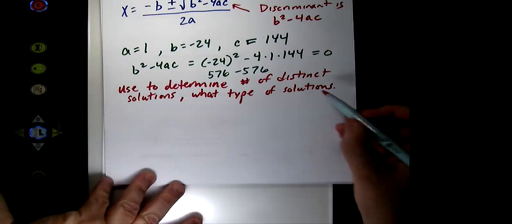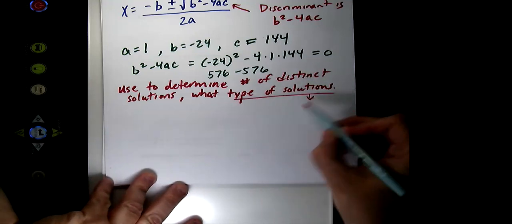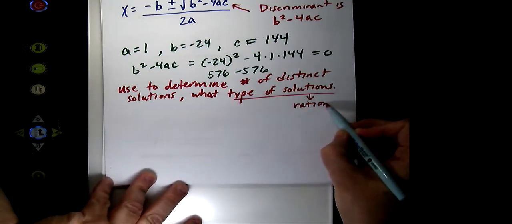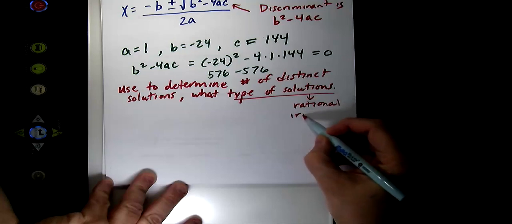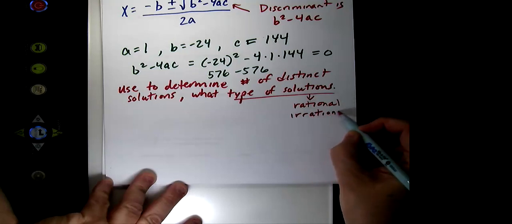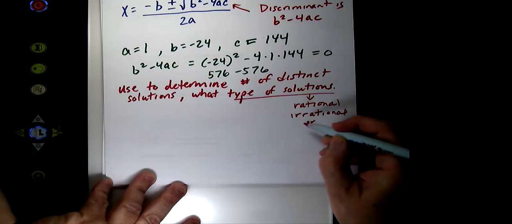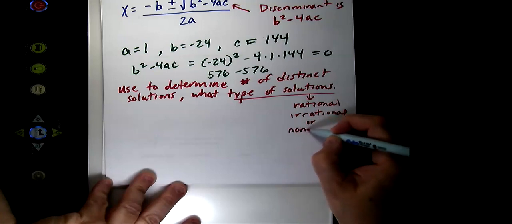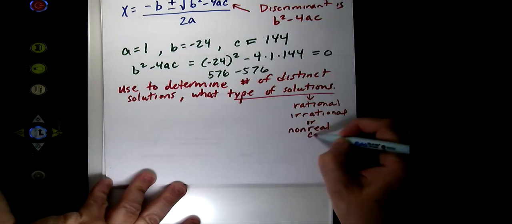And what they broke down the type of solutions down into is rational, irrational, or complex. Non-real complex is how they described it.